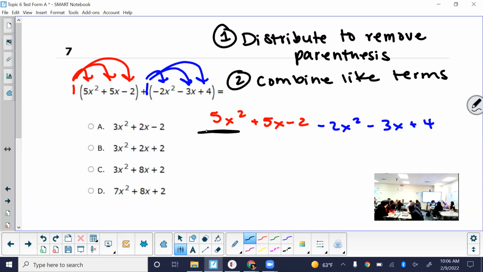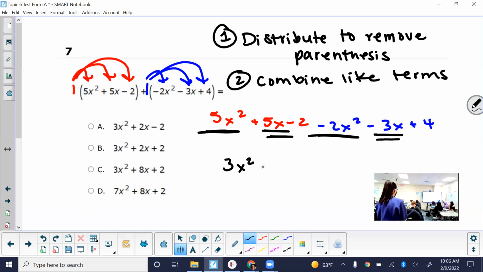So like 5x squared. Can anything combine with that one? -2x squared, what do we get when we combine that? 3x squared, because 5 minus 2 is 3, right? Then the x terms, 5x and -3x.